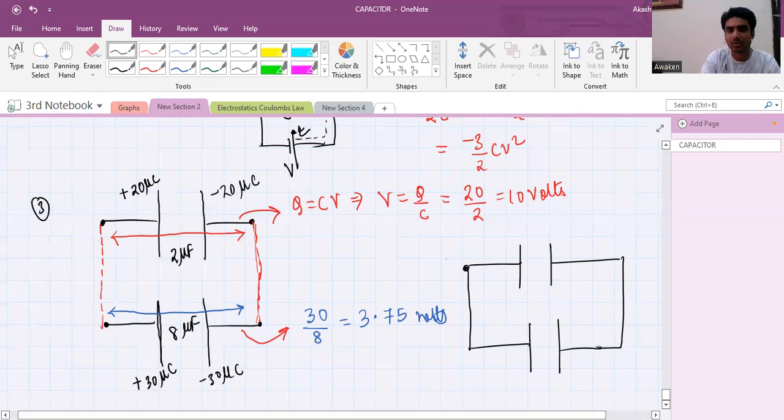Ideally speaking, both the capacitors should have the same potential difference, right or wrong? Both are across A and B only, so the potential difference should be VAB for both. They are connected across the same points.